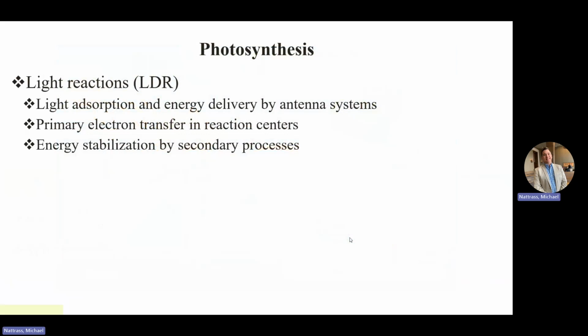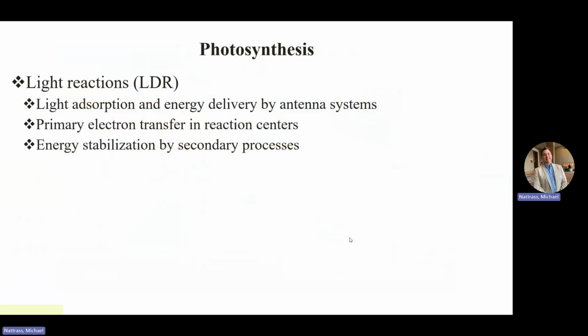So as I mentioned before, we have the light reactions, also known as the LDR, meaning light dependent reactions. These reactions require light and only happen during the daytime, because this is the first part of photosynthesis where the leaf is absorbing that light and then doing something with it.